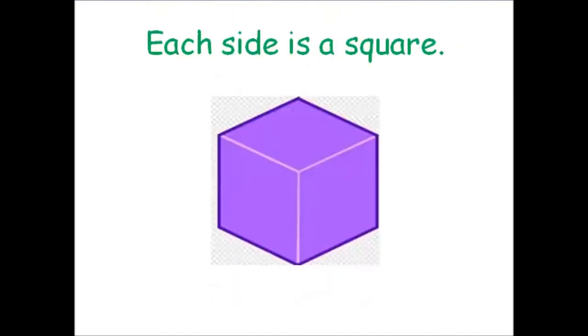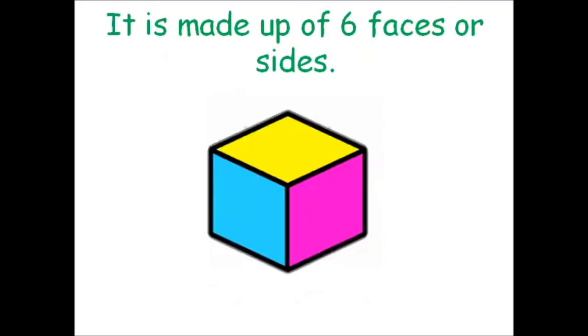And how many squares do we have in a cube? 1, 2, 3, 4, 5, 6, right? On this cube you're not seeing all, but if we count them, 1, 2, 3, 4 on the side, 5 on the side, and 6 on the bottom. 6 faces, right? That's the most important thing to remember.